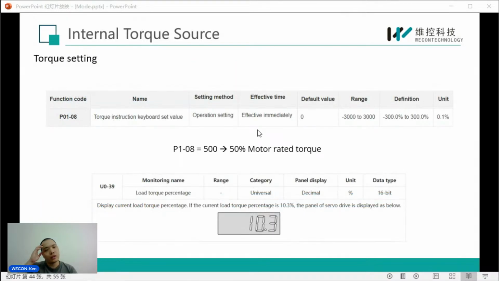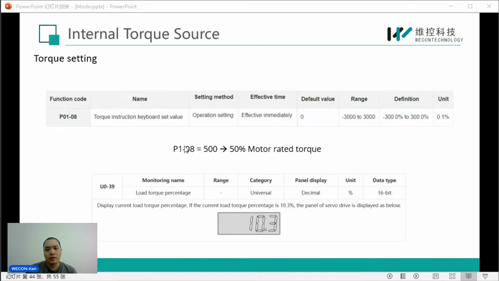And the torque settings are P1-12 and P1-13. Its unit is 0.1%, and be careful, these monitor parameters' unit is percent.